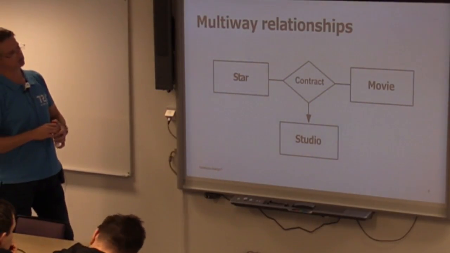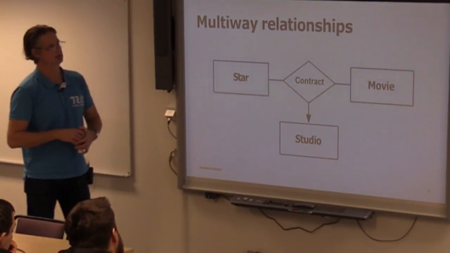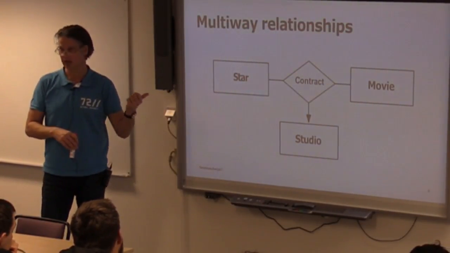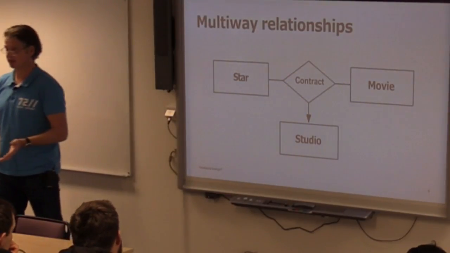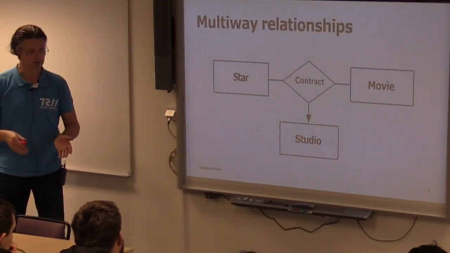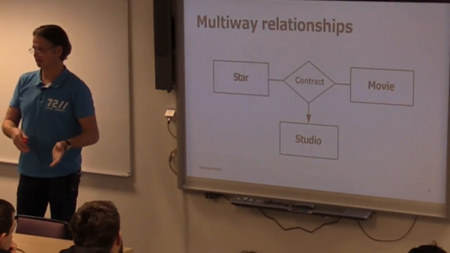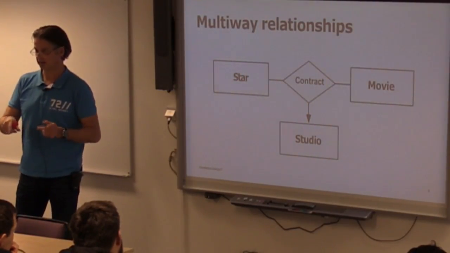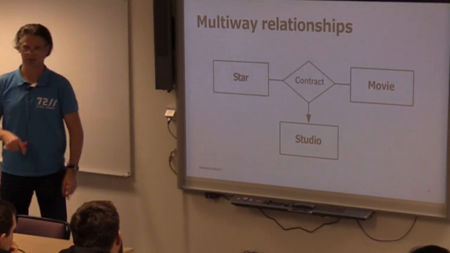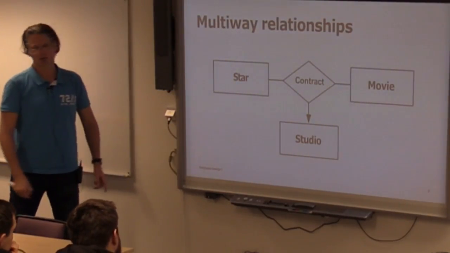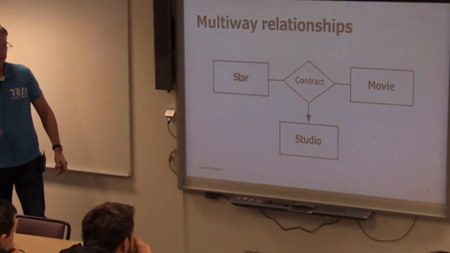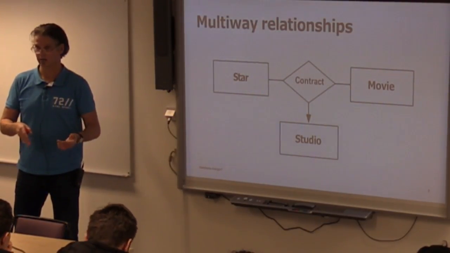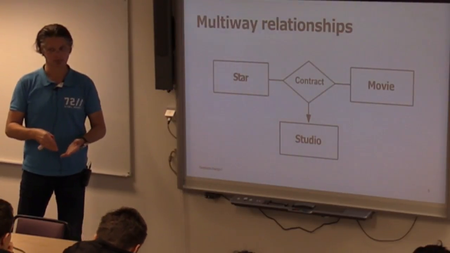It might sound a bit strange, but it's not. You will eventually run into this problem in the future, but you just have to remember that you are actually allowed to add more entities to a relationship. It doesn't have to be binary using 2, it can be more. And the same goes, and we'll have a look at that in a moment. A relationship might also have a property or an attribute.